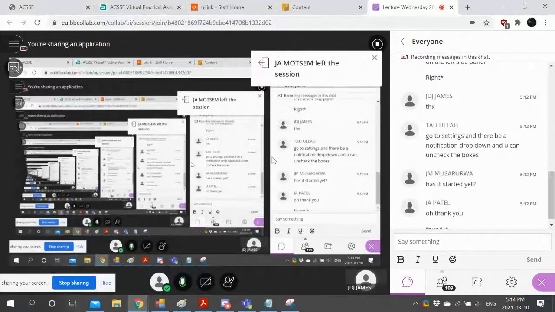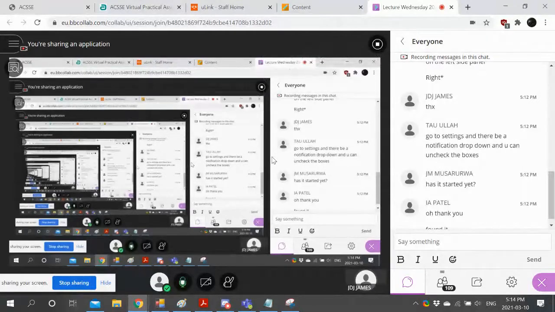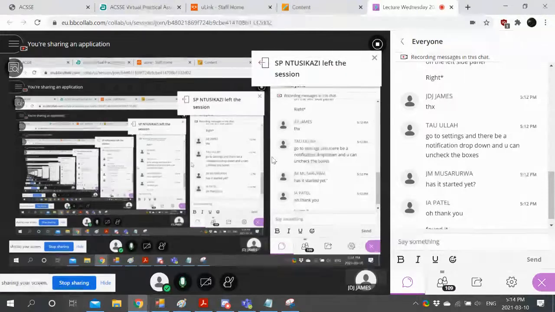So the weekly programming assignments don't go away, but these are smaller, more focused exercises that will help you with the practical, and we'll also measure your participation in these exercises, and that can contribute to your practical mark to help you qualify for the course.